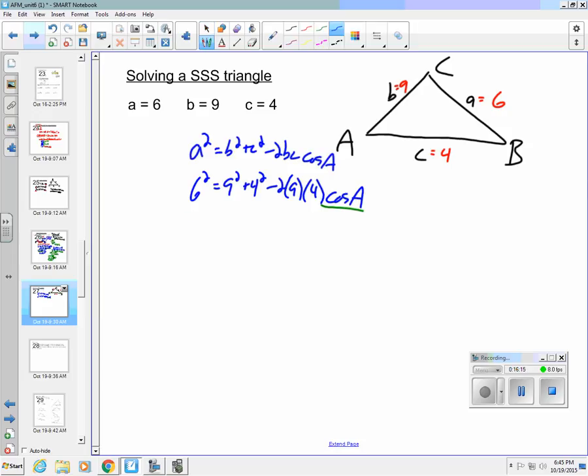So 6 squared is 36, 9 squared is 81, 4 squared is 16. Negative 2 times 4 would be 8, and times 9 would be 72 cosine A. So 81 and 16 together make 97.